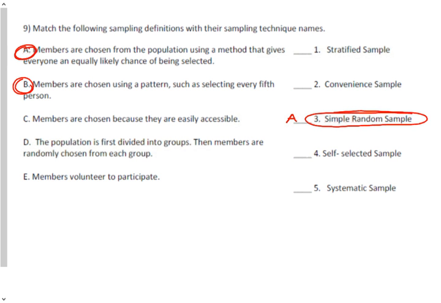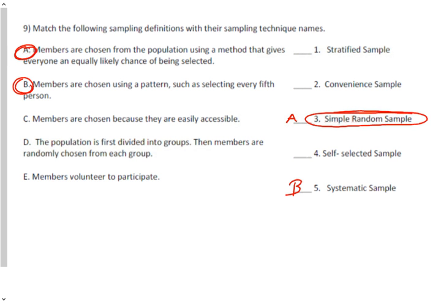That might seem random, but it's not quite random because it's a pattern. So every 5th person. It is very related, but this is something called a systematic sample, because you're using some sort of system to come up with the answer.